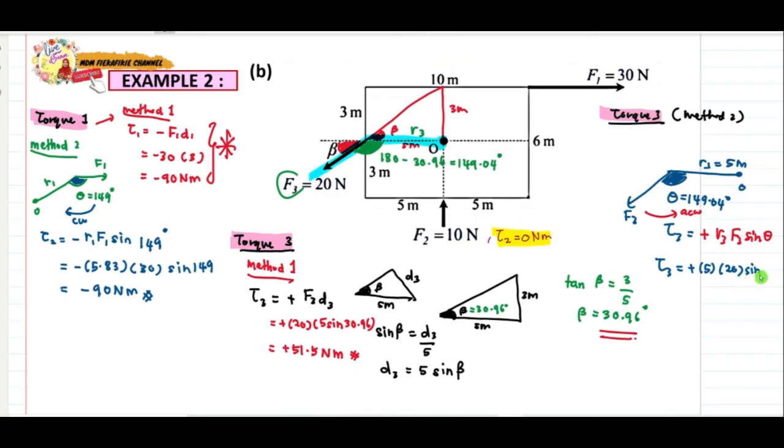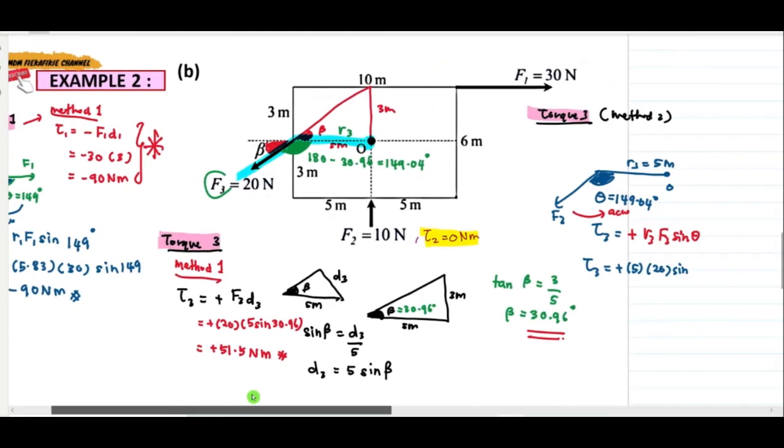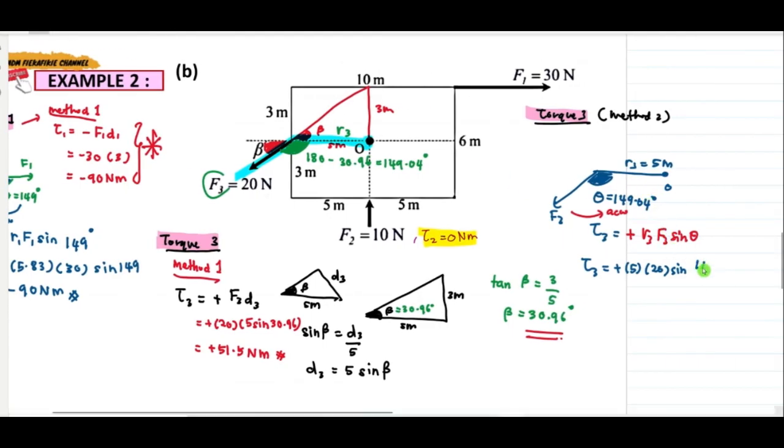Theta kita tadi 149.04 degree. Okay. So, you akan dapat torque 3. You cuba kira. Okay, saya percaya you akan dapat jawapan yang sama. 51.5 Newton meter. Okay.